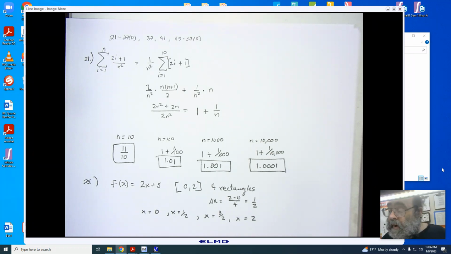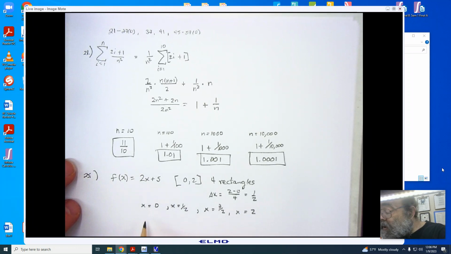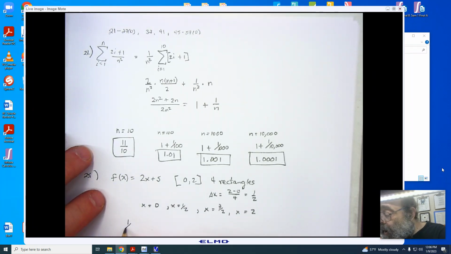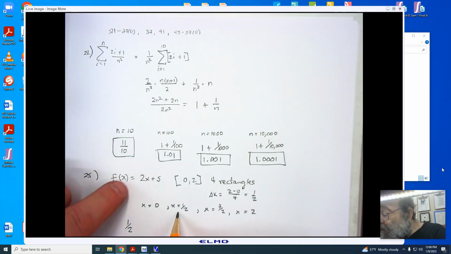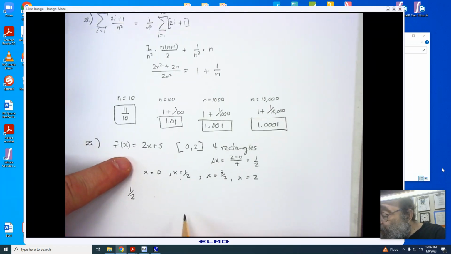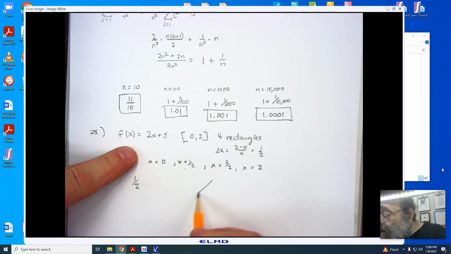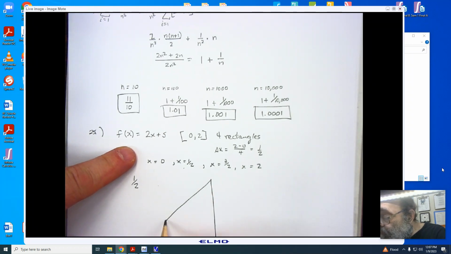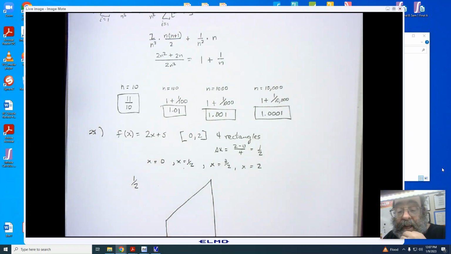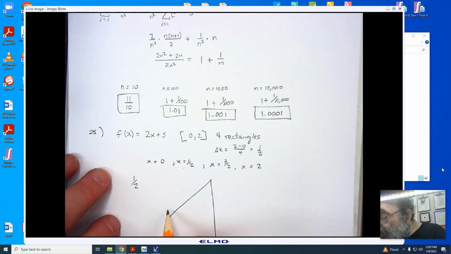So if I'm trying to work with my rectangles, that means that I'm going to take my length of 1/2 times my first height. Let's just get a nice picture of what's happening. If I'm working with my rectangles, they want us to use the right endpoint and the left endpoint.